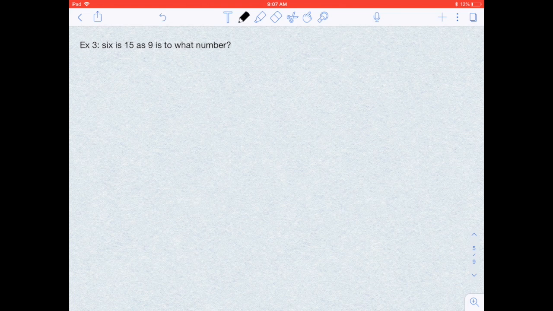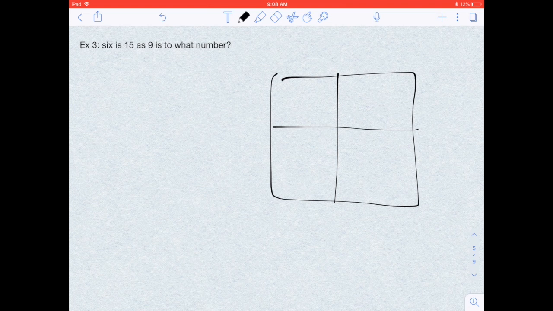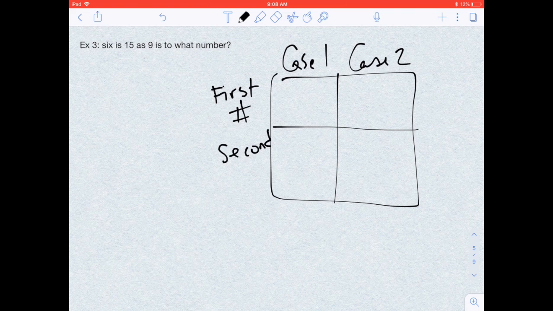And our last example for this lesson. So 6 is to 15 as 9 is to what number? So this is really an analogy using math. So I'm going to do my ratio box with my cases again. And then the label's a little bit weird here. I'm going to just do first number is to second number.